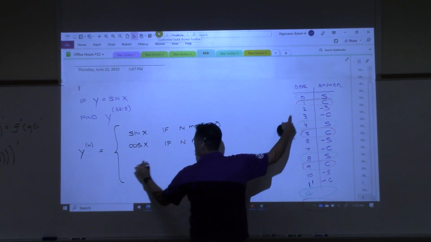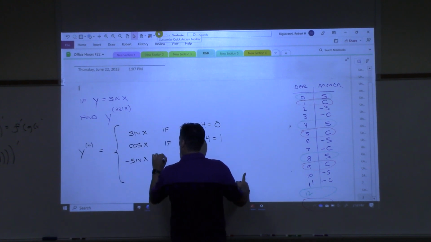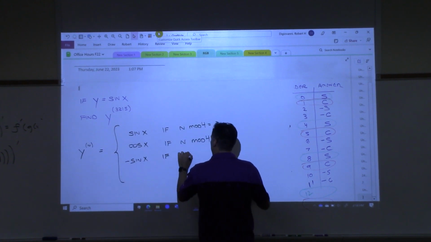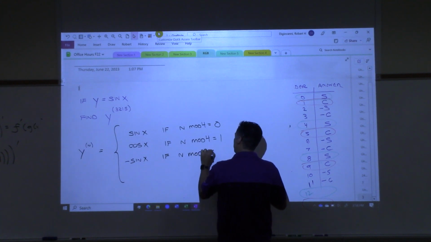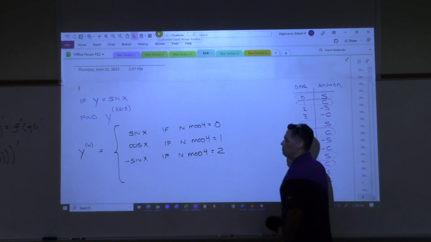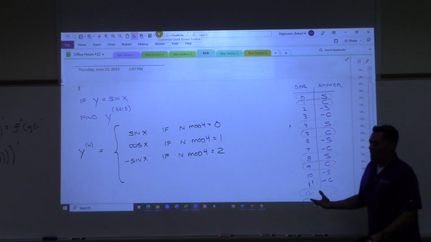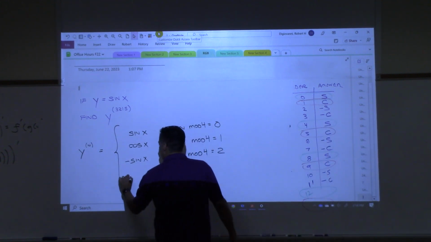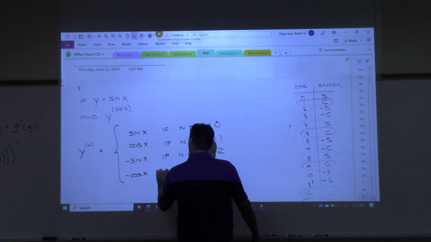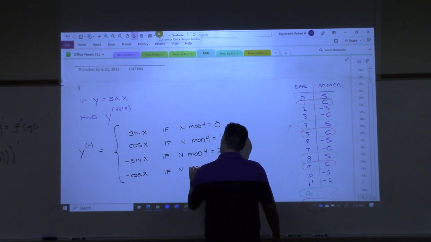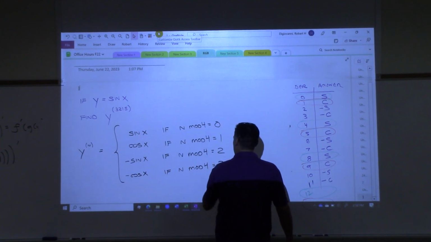And then for negative sine, if I take the derivative and mod it with 4, I get 2. And then last, it'll be negative cosine if I take that n, mod it with 4, and get 3.